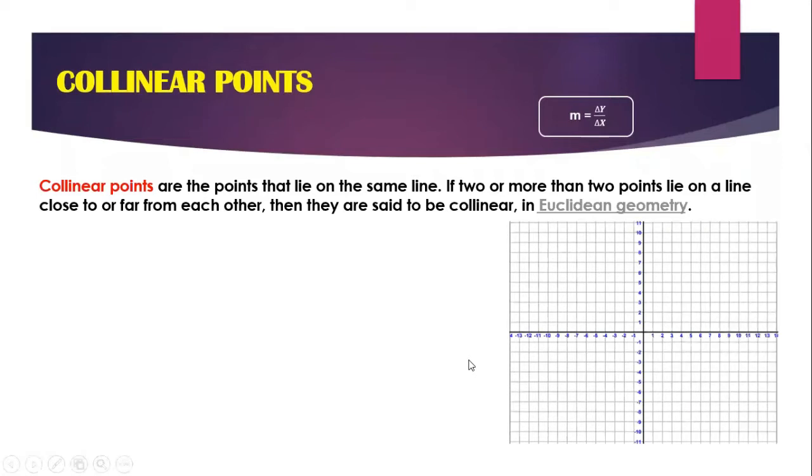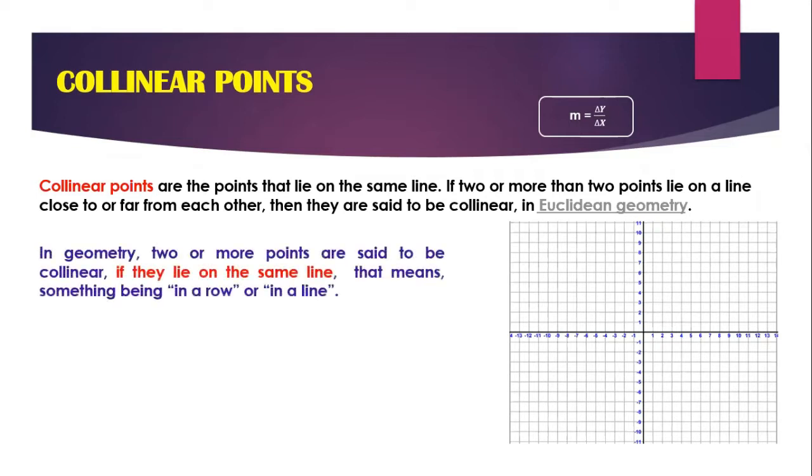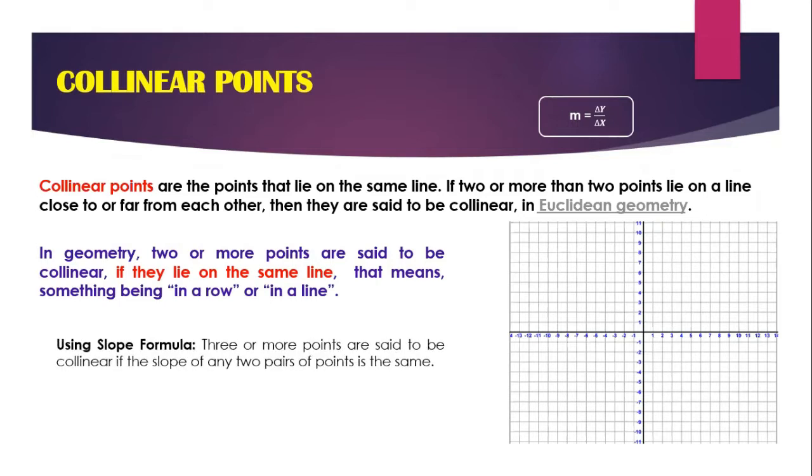This is the XY coordinates, or graphing paper. In geometry, two or more points are said to be collinear if they lie on the same line. That means something being in a row or in a line. What is the concept of collinear points?